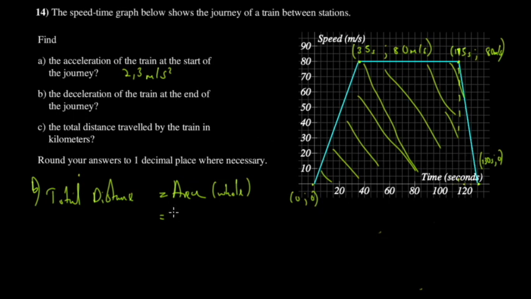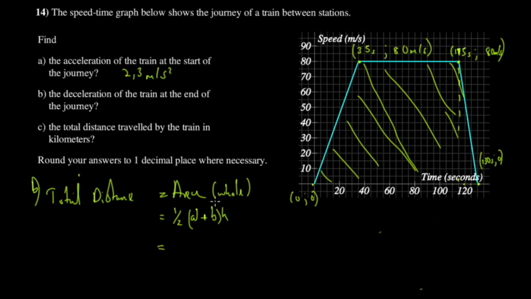So just recall that the formula for the area of a trapezium is half times a plus b, where a and b are the parallel lines, times height. The height is the vertical distance between those two parallel lines.